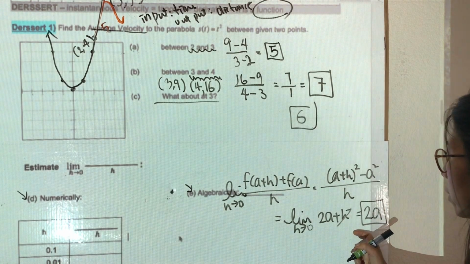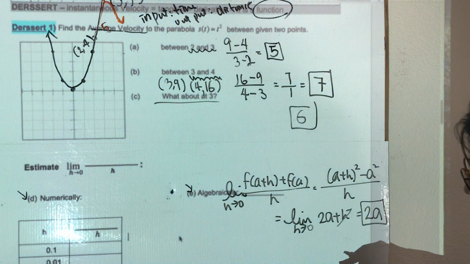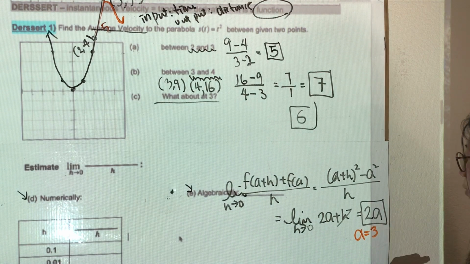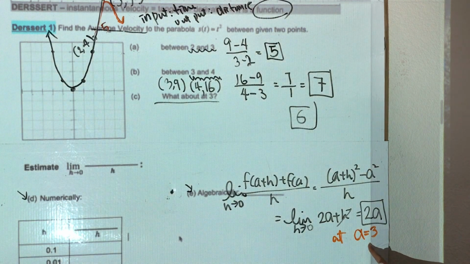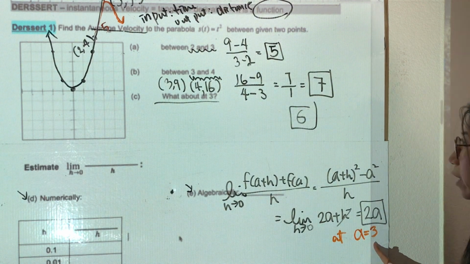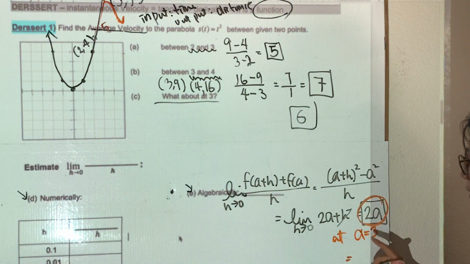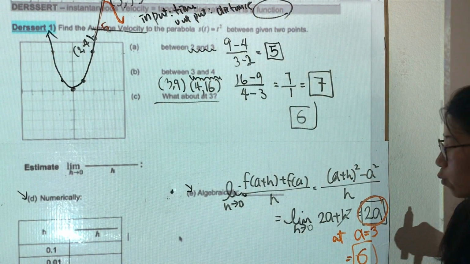Then from here, I see what is my a value. A value is the same as my x value. X value at 3, what I want to find. My slope will be, now I have a function form. So this is going to give me 6. Okay, I'm going to go quickly over what this means.